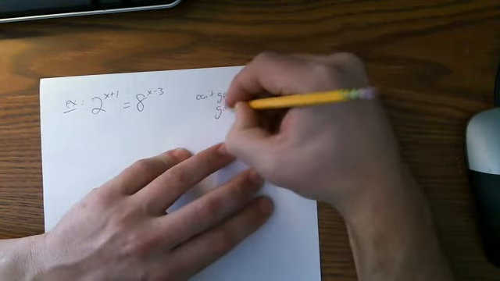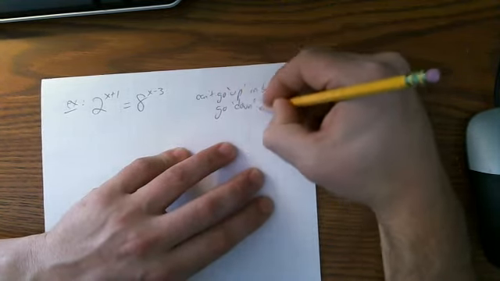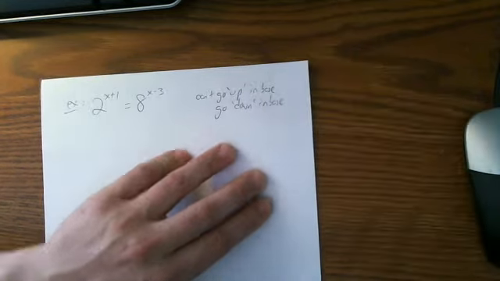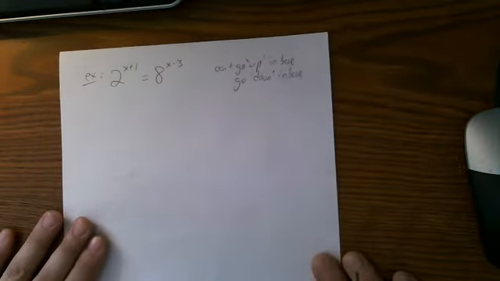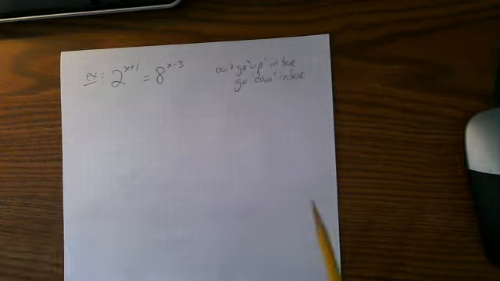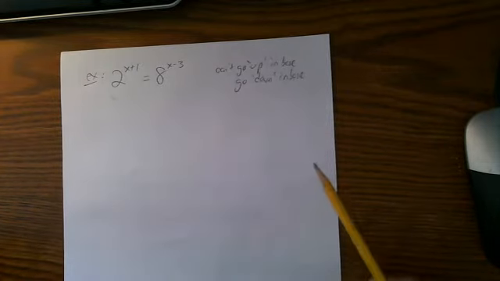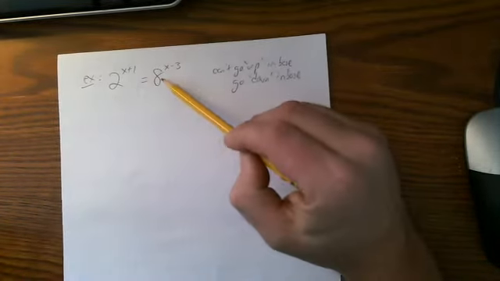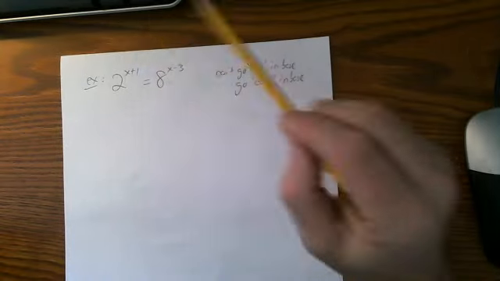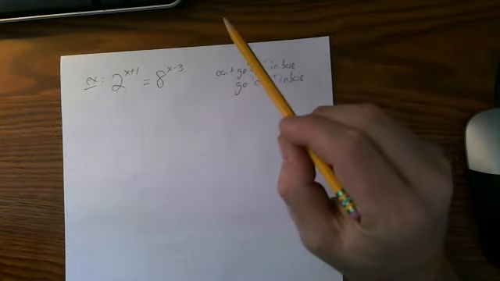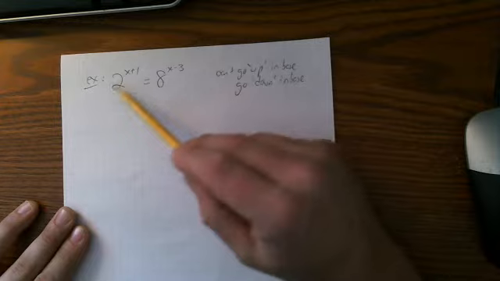You can only go down in base. And what you're doing, you're substituting for the larger base. A little shortcut, take a look at the smaller base and say, can I express this larger base in terms of the smaller base? In other words, can I express 8 with a base of 2?